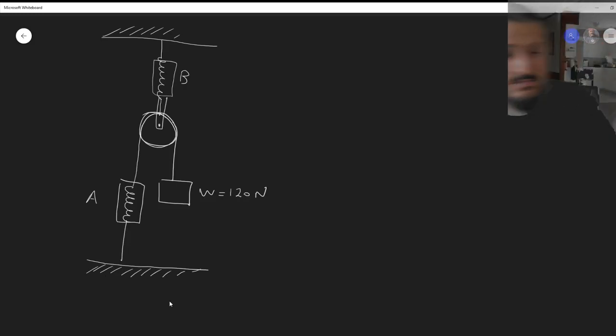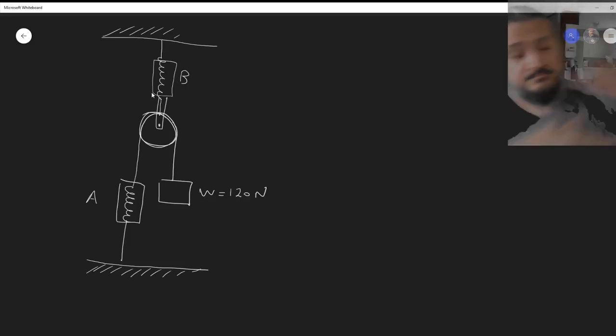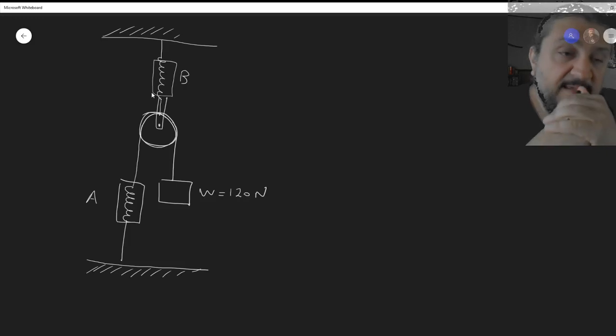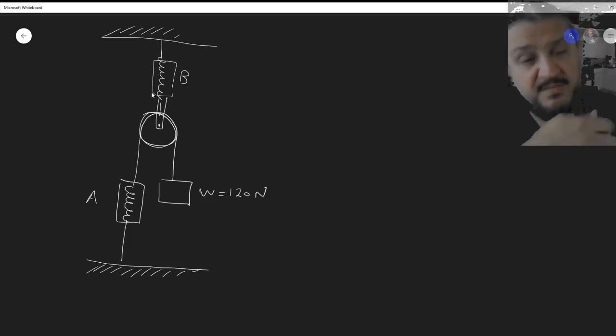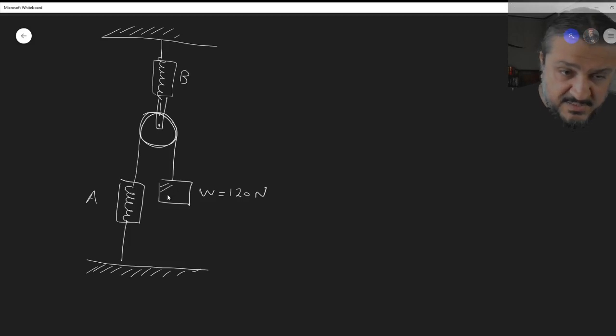So we have the forces in the spring scales which make them stretch, and we have a force inside the cable which we call tension. That's what this section is about. And we have the weight on the right, which is 120 newtons.